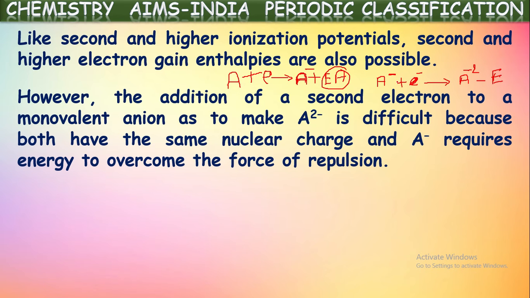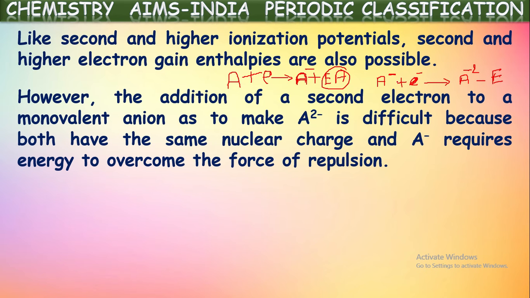That means they are endothermic, whereas the first electron affinity is an exothermic process. While taking an electron, all atoms release a certain amount of energy, which we call electron affinity. But while taking a second and higher electron, atoms require a certain amount of energy from the surroundings to overcome the repulsions between the already existing electrons and the incoming electrons.